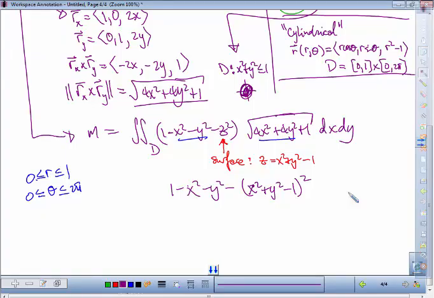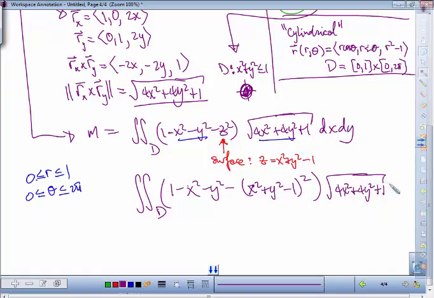And I was thinking about simplifying it, foiling it out, but there's 3 terms in there. So let me wrap this integral around again. Okay. Now I'll change it to polar.